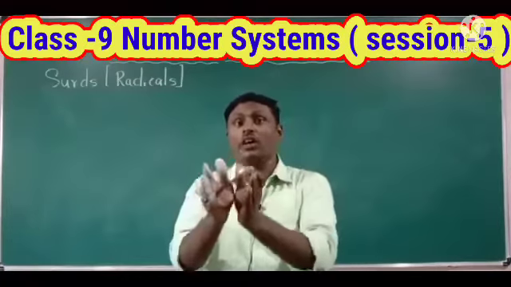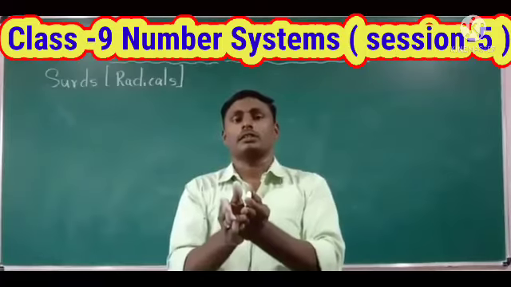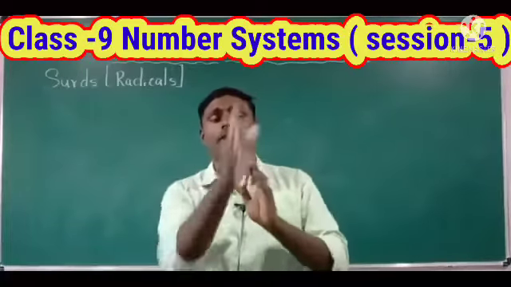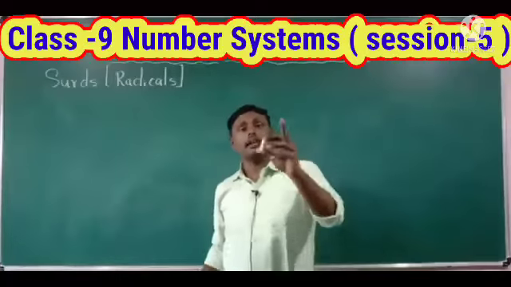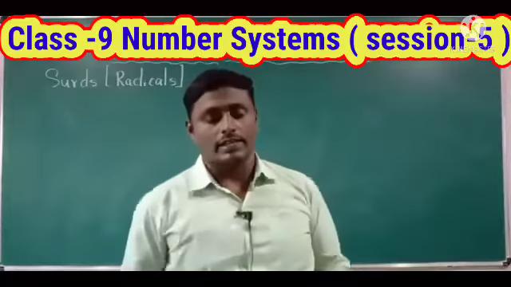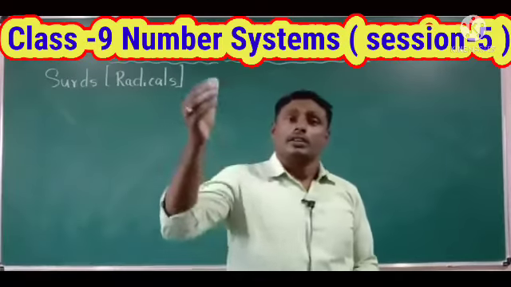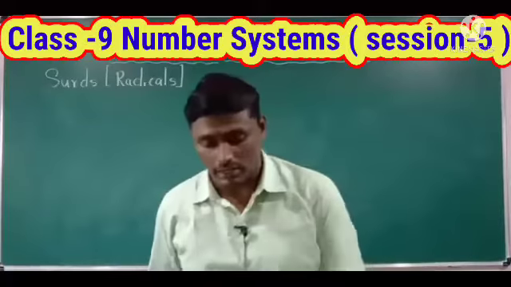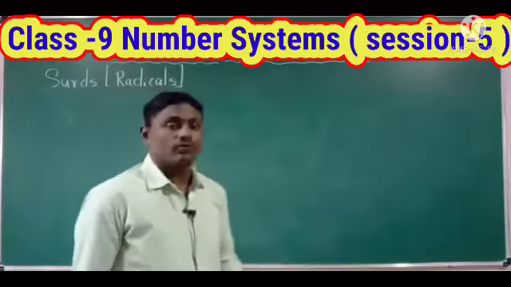When we multiply those two irrational numbers, we get a rational number. That process is called rationalizing, and the irrational numbers involved are called rationalizing factors.